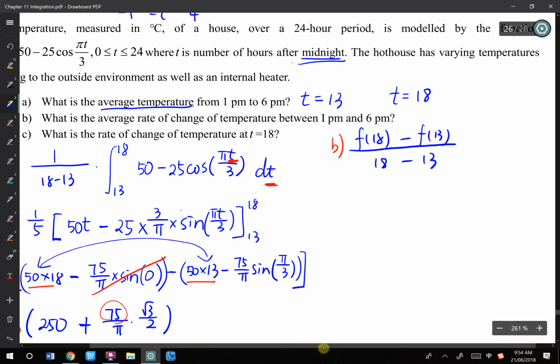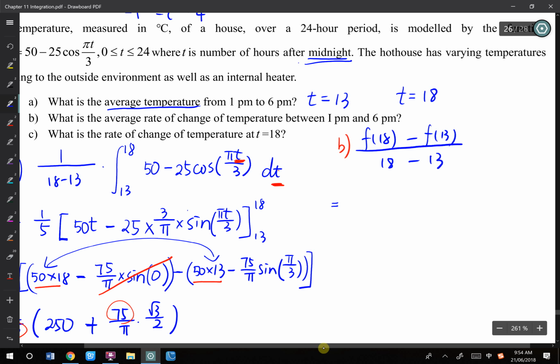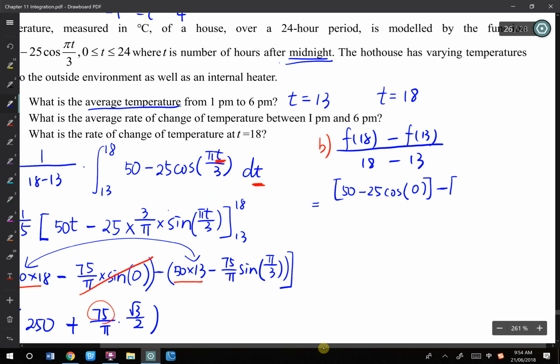So F18 is 50 minus 25 cosine of 18 over 3 pi, which is 6 pi, so still 0. Minus F13, which is 50 minus 25 cosine pi on 3.